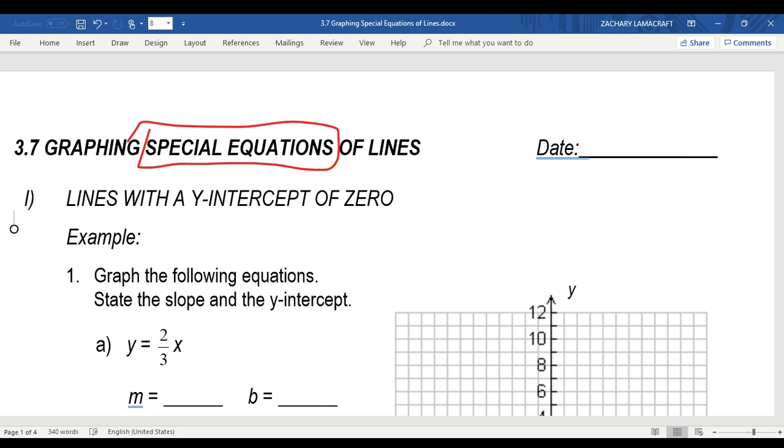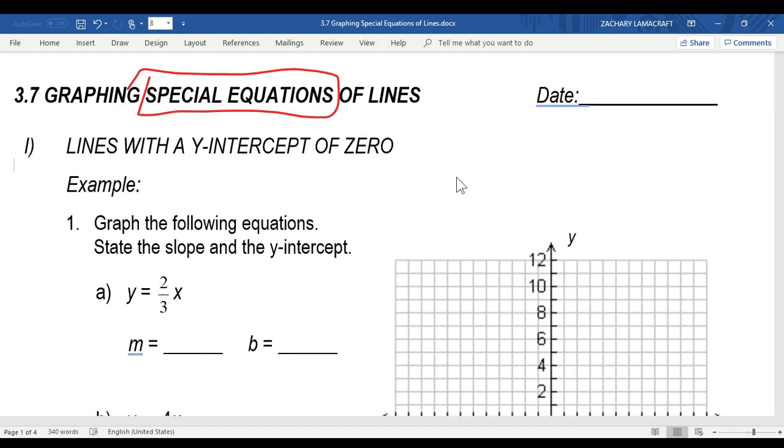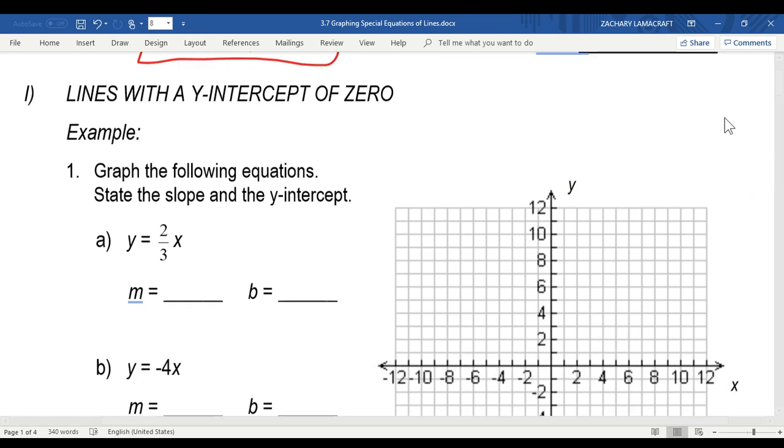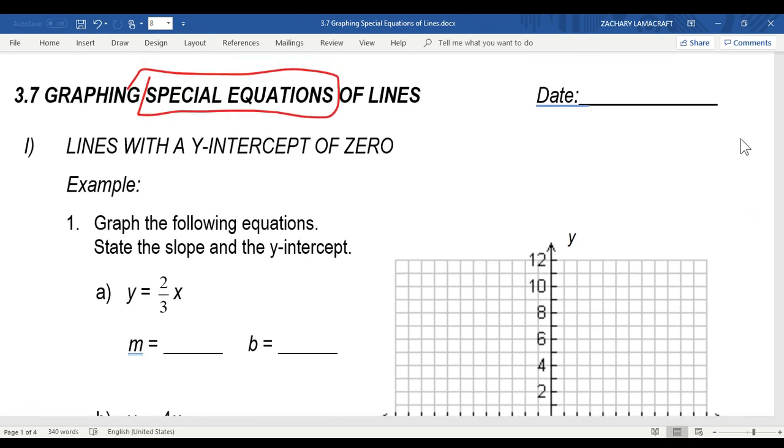So instead of our conventional y equals mx plus b, there's going to be a couple things here that are a little bit different, okay? So you just got to be a little more familiar with what we're doing in regards to the following examples, okay? So the first example is lines with a y-intercept of 0.